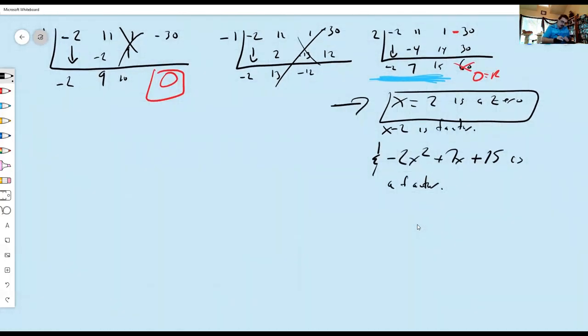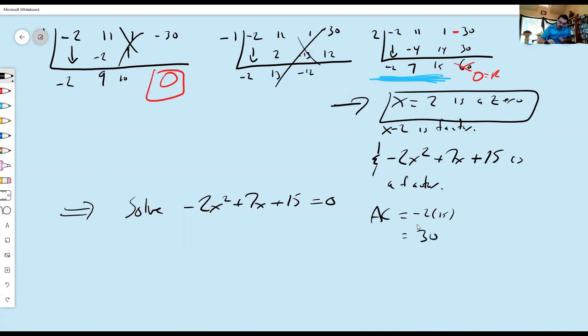So once we're here, we're going to solve this. Is this factorable? If you do the AC method, that's going to be minus 2 times 15, minus 30. What are the factors of minus 30 that add to the plus 7?